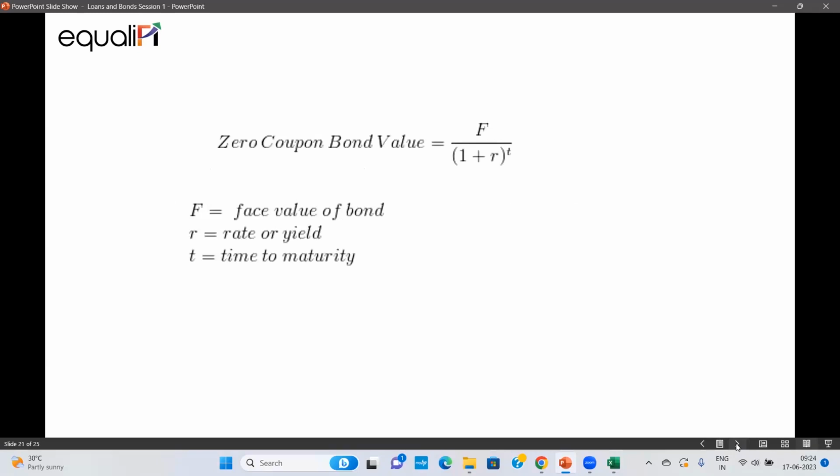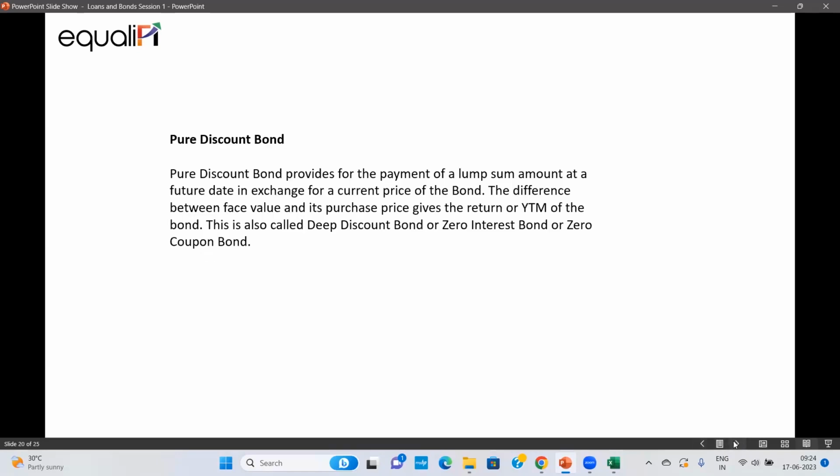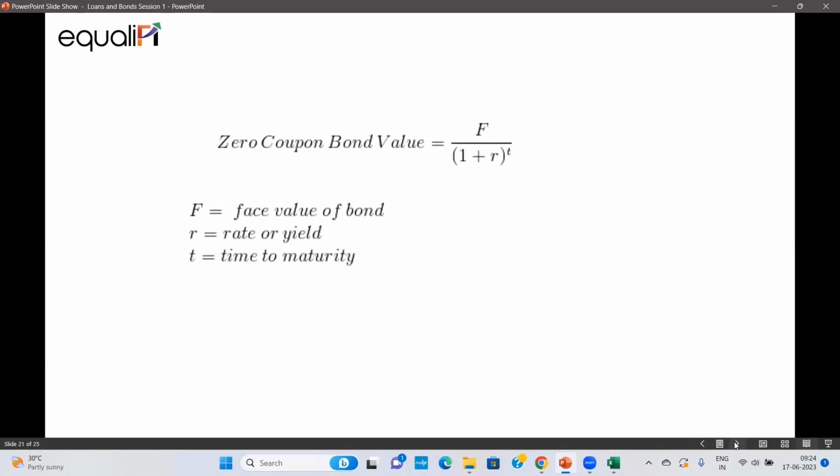This is the formula of a zero coupon bond, where the face value of the bond is discounted by the rate or yield and time to maturity. This gives you the zero coupon bond value. So as of today, you discount what would be the face value. Today I sell a bond at a discount, say around 20%. So a 1,000 rupees bond is being sold to you at 800 rupees, and at the time of maturity, you will get 1,000 rupees.